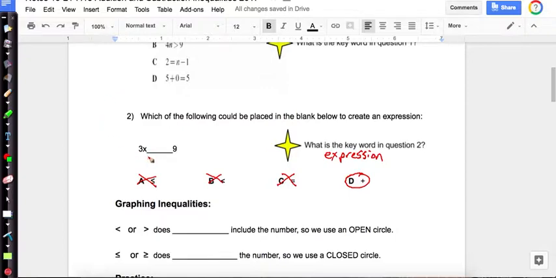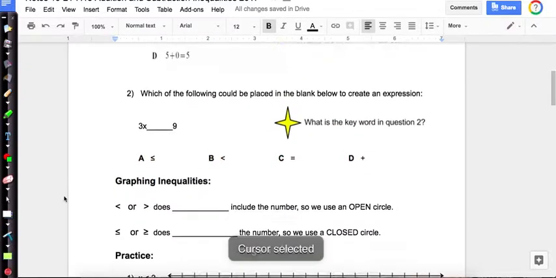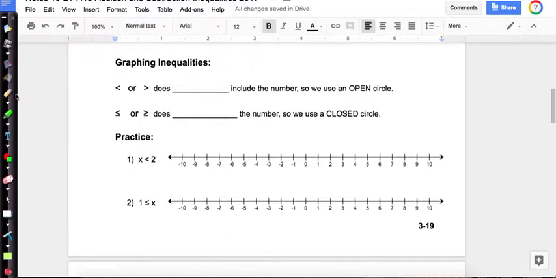Okay, so graphing inequalities. Less than or greater than does not include the number, so we use an open circle. We'll see that below, and I'll explain that further. Less than or equal to or greater than or equal to does include the number, so we use a closed circle.